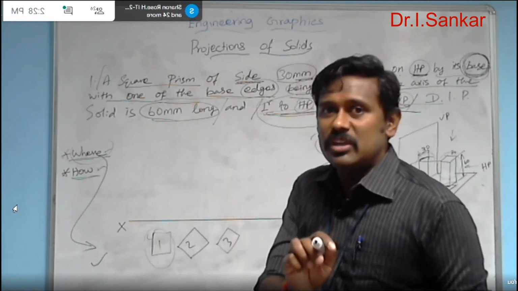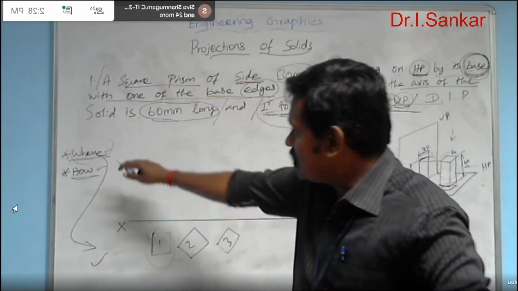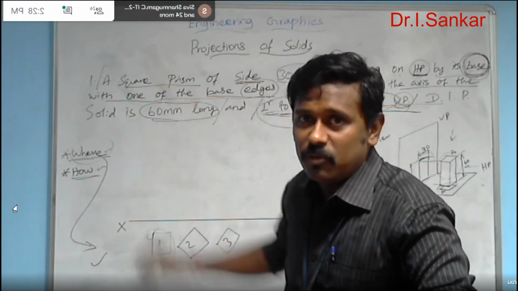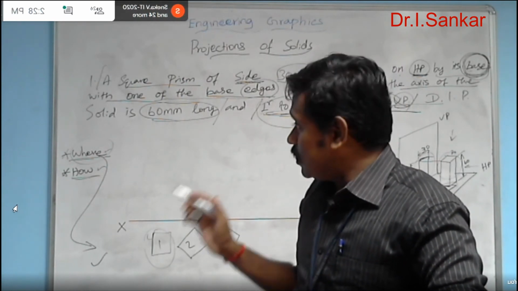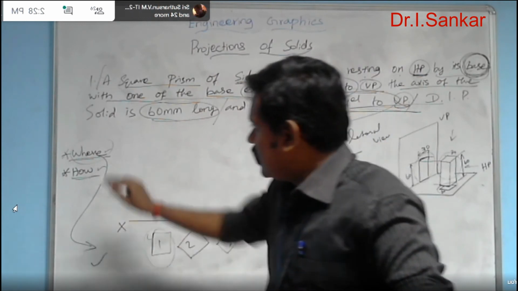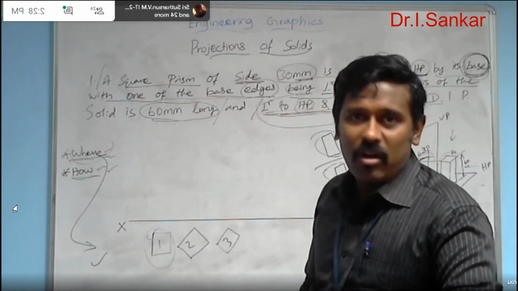Not only this question, in all questions in projection of solids, you need to process these two checkpoints at the beginning of your answering process. Thereafter only you can go for answering. If you did anything wrong in these two stages, definitely your entire answer will be wrong.